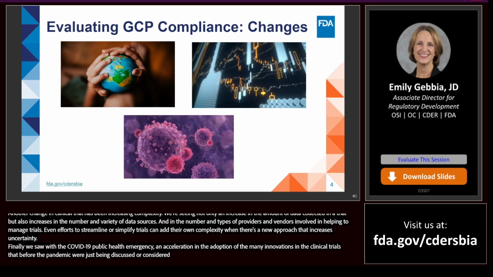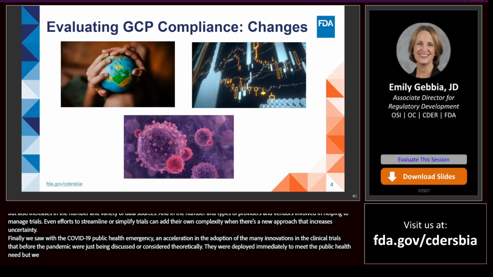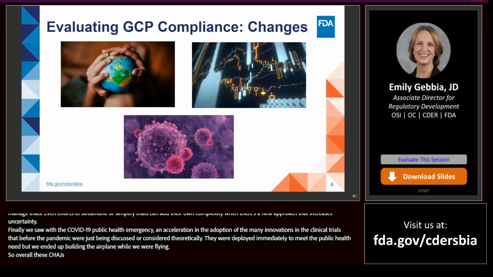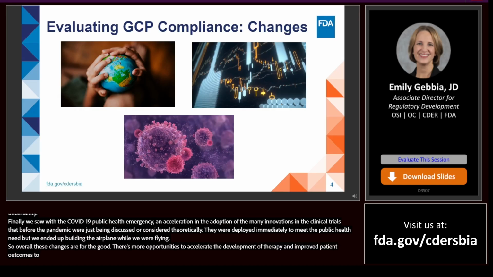They were deployed immediately to meet a public health need, but we ended up building the airplane while we were flying it. So, overall, these changes are for the good. There's more opportunities to accelerate the development of therapies and improve patient outcomes, to improve diversity, equity, inclusion in trials, to reduce costs, enhance safety, and improve our data quality and integrity.